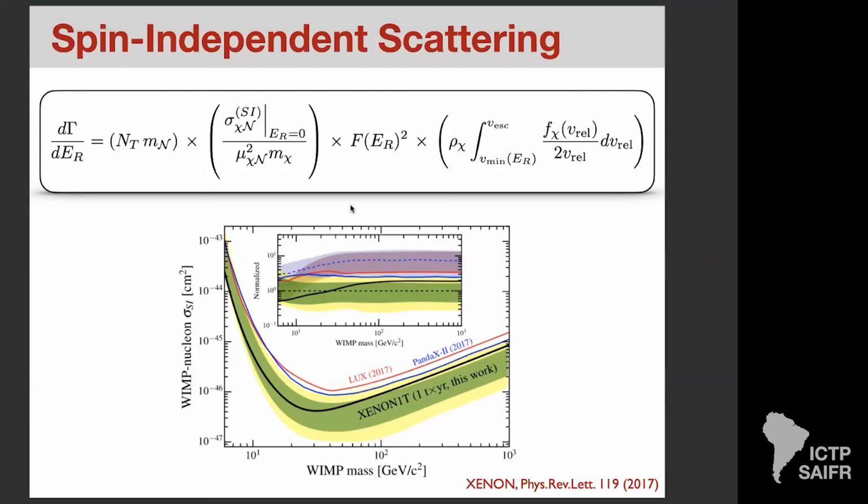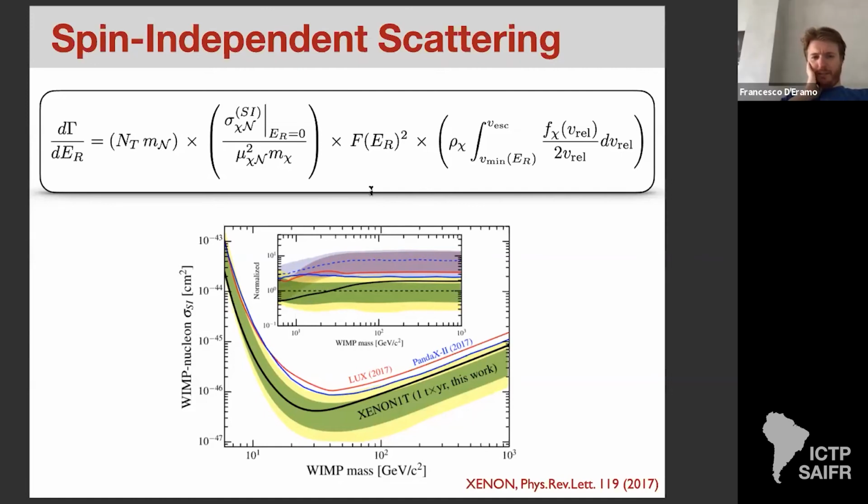Then we have a comment from Ankit, who I think is referring to the annual modulation. He's pointing out that the SABRE experiment is planned in Australia, and they are supposed to run DAMA and SABRE at the same time. I have no idea if the correct pronunciation is SABRE.